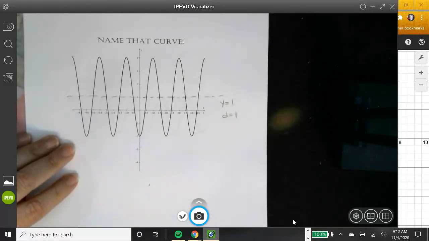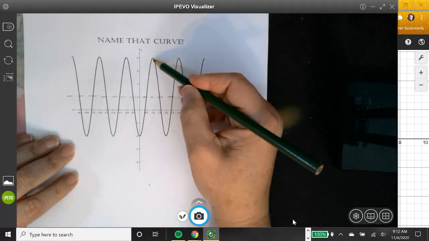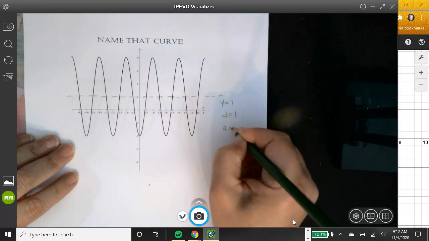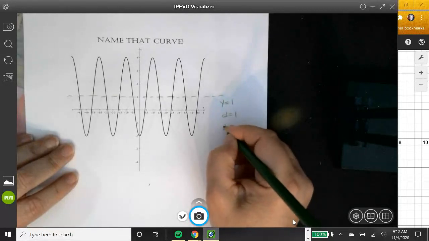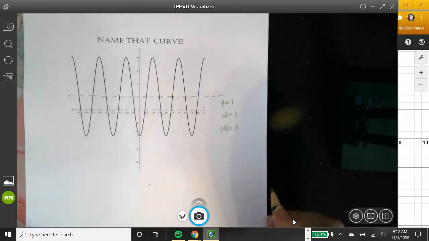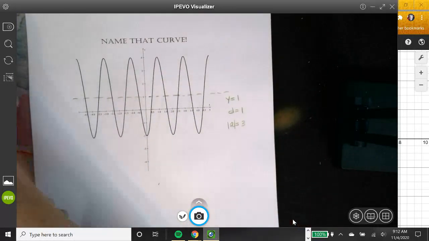All right, and I know that the amplitude is going to be the distance between the midline and the high spot. Well, that's going to be 3. So the absolute value of A is 3, right? Because we could name a positive curve or a negative curve. Okay, so let's name a sine curve first.